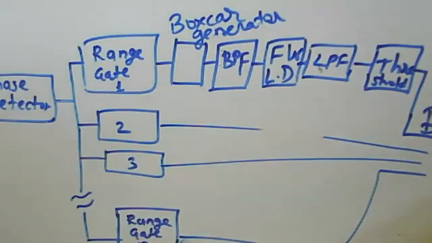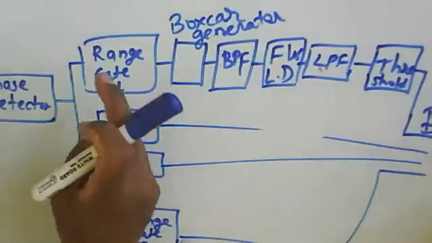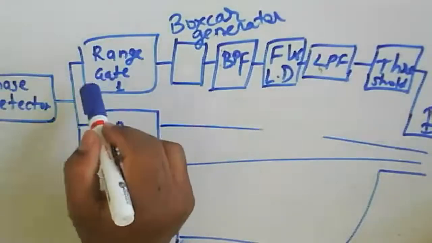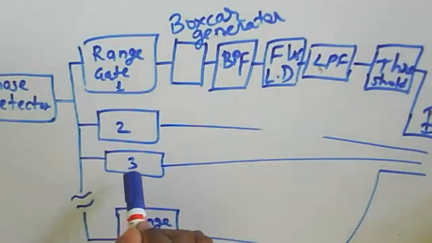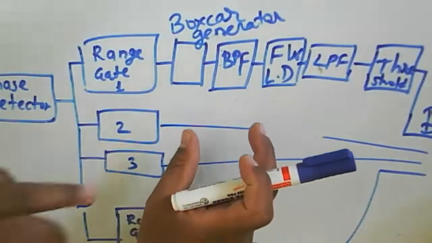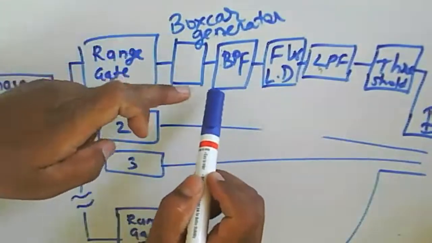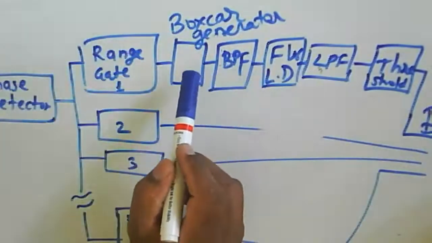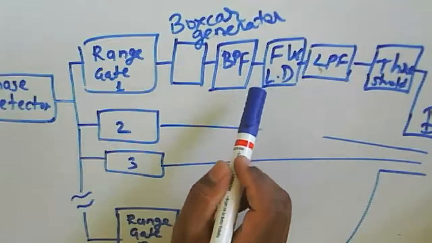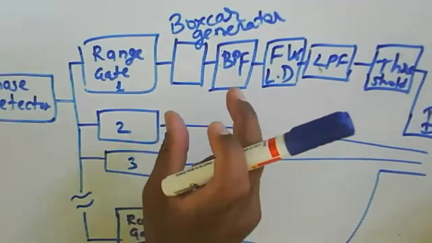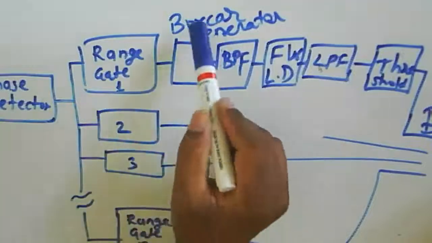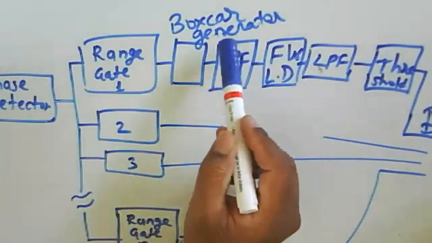In an MTI radar, multiple range gates are used, and here we have the boxcar generator and a band pass filter.